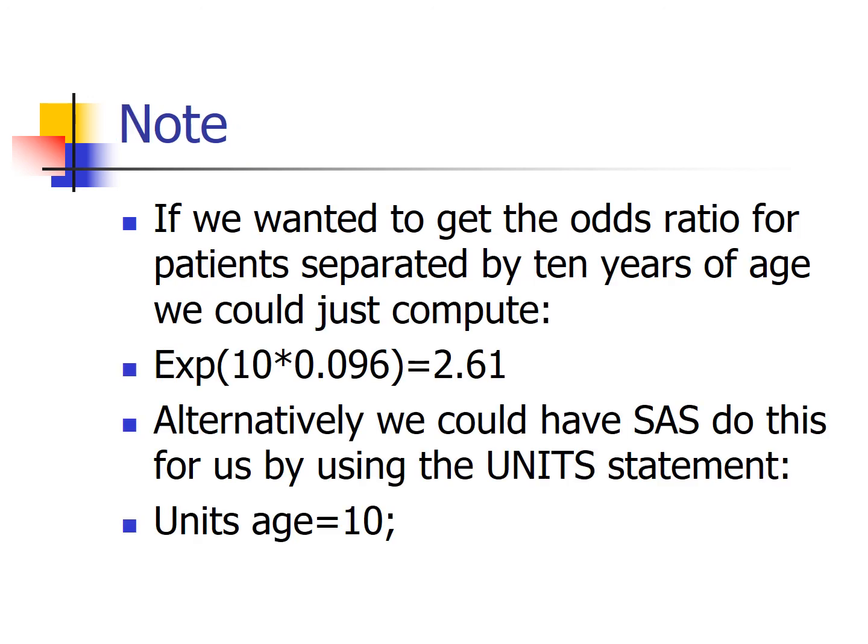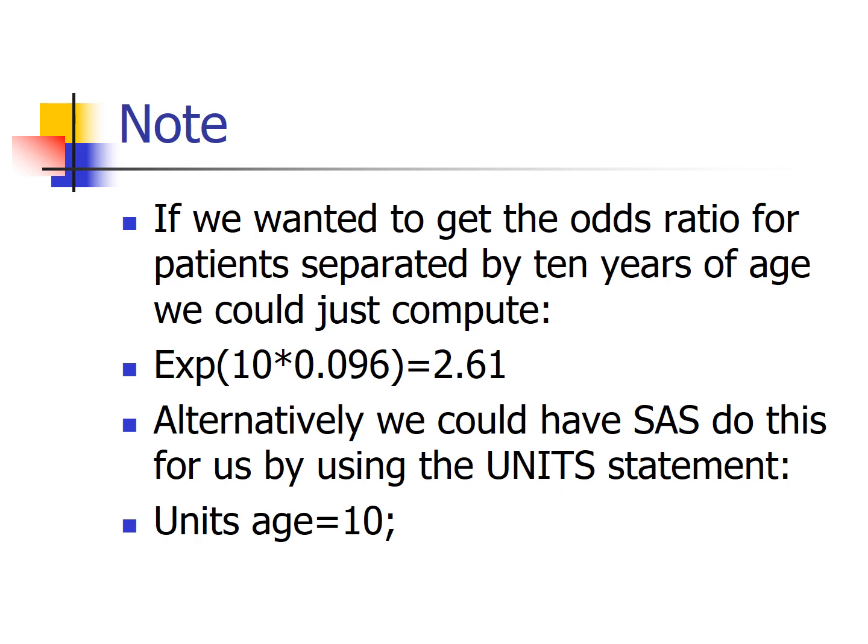Now, often we work in situations where a difference of 1 unit is maybe not that meaningful, and so maybe we're interested in 10 units or 100 units. When we're talking about age, it's actually pretty common to do units of 10 years, because then we're comparing 20-year-olds to 30-year-olds or 30-year-olds to 40-year-olds in an applied clinical setting, when you're trying to put together results that are applicable to a clinician.